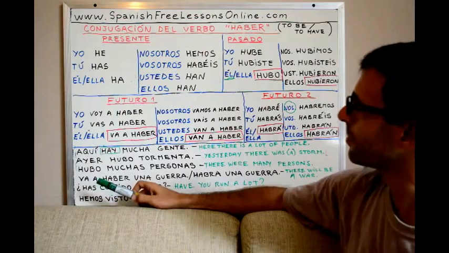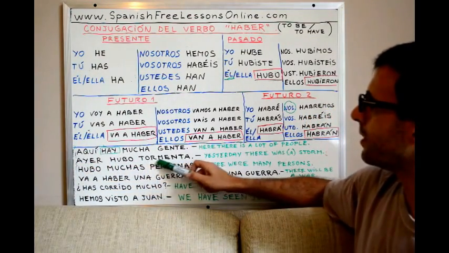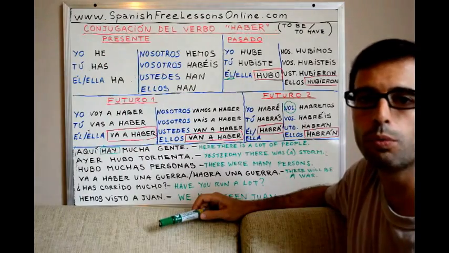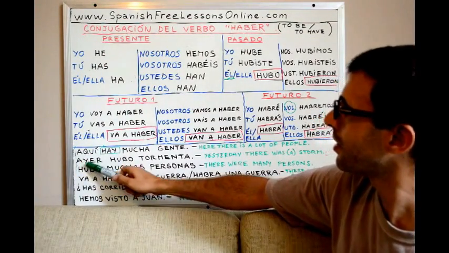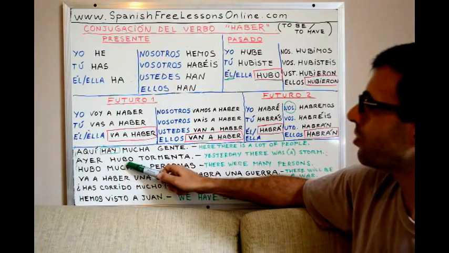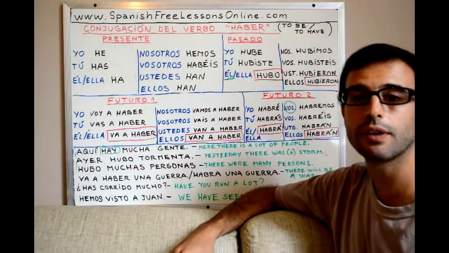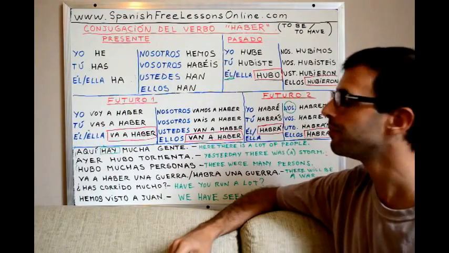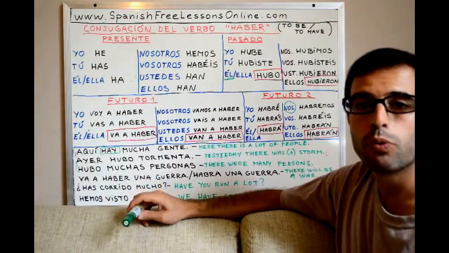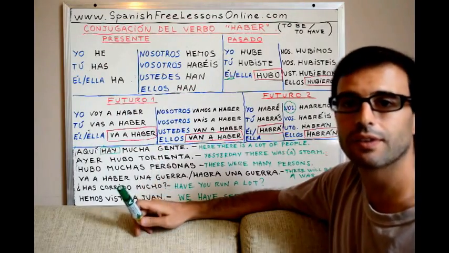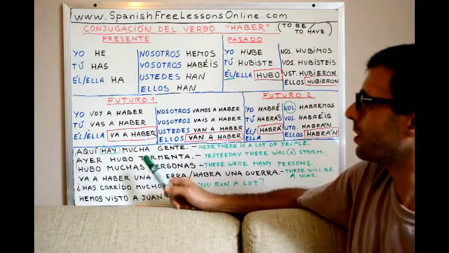Next sentence. Ayer hubo tormenta. Yesterday there was storm, or a storm, right? Tormenta is storm. So in Spanish, remember, when we want to individualize something, we would say una tormenta, right?